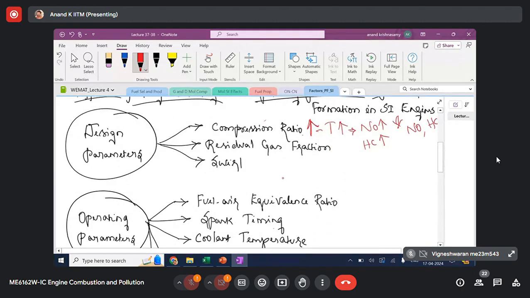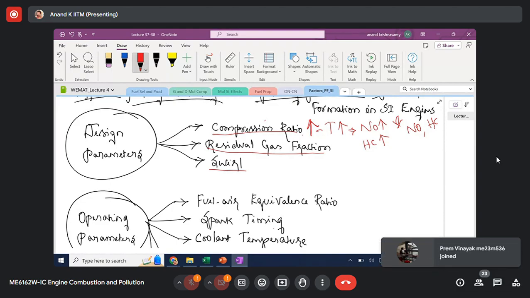These are the engine design parameters: compression ratio, residual gas fraction, swirl. When I say design parameters, these parameters need to be optimized when you design the engine, at the design stage itself, so as to reduce the pollutant level. Once the engine is designed and in operation, we cannot vary these parameters.